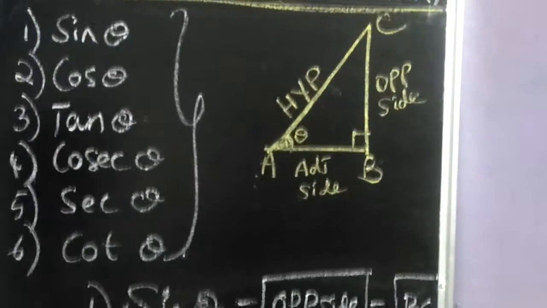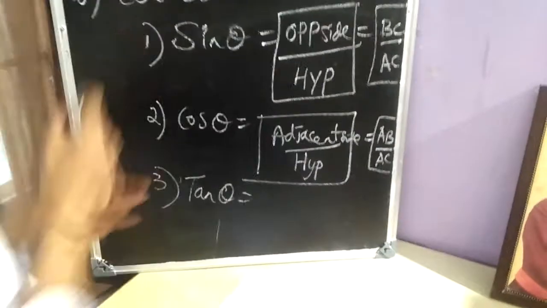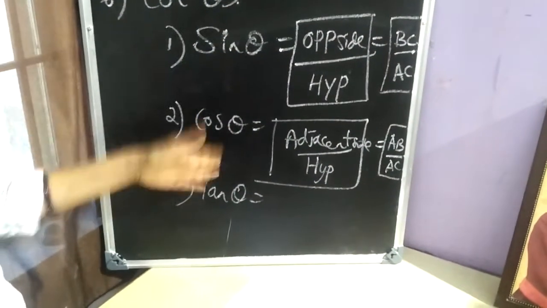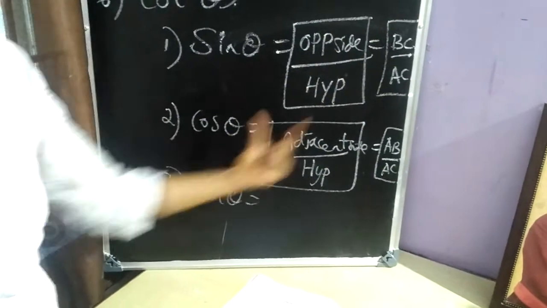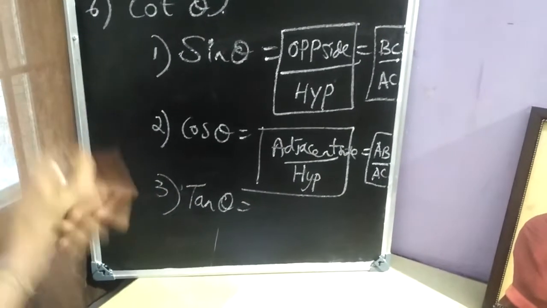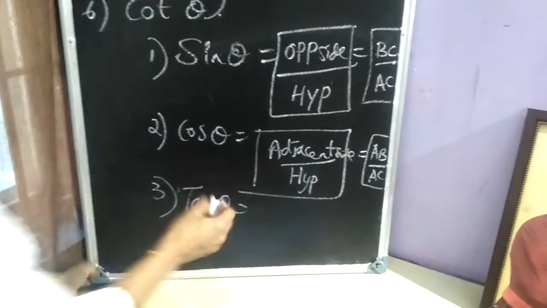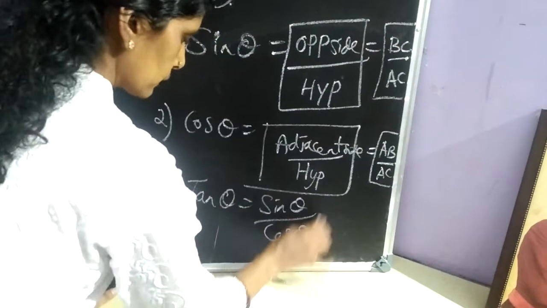Okay, now moving on to the third ratio, that is tan. Are you clear with sine and cos? Sine is opposite by hypotenuse. Cos is adjacent by hypotenuse. What is tan theta? That is the ratio where we compare both sine and cos values.